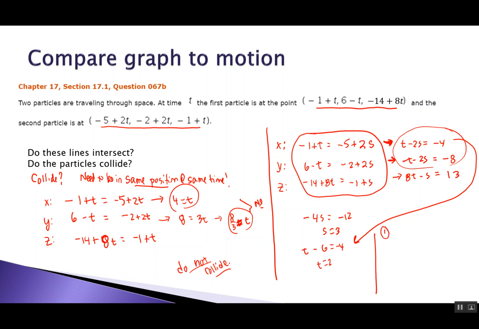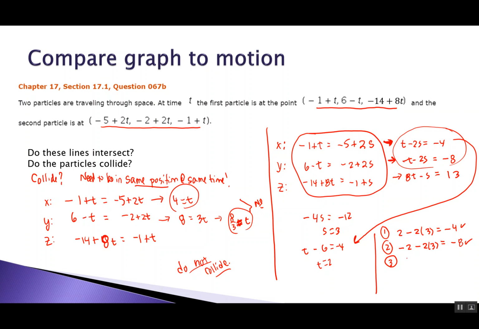So in the first equation, 2 minus 2 times 3 is 2 minus 6 is negative 4. In the second equation, negative 2 minus 2 times 3 is negative 2 minus 6 is negative 8. That works. And I need to check the third one to make sure.